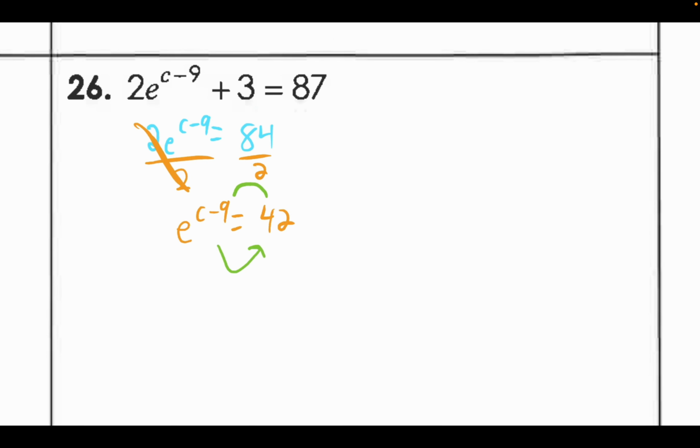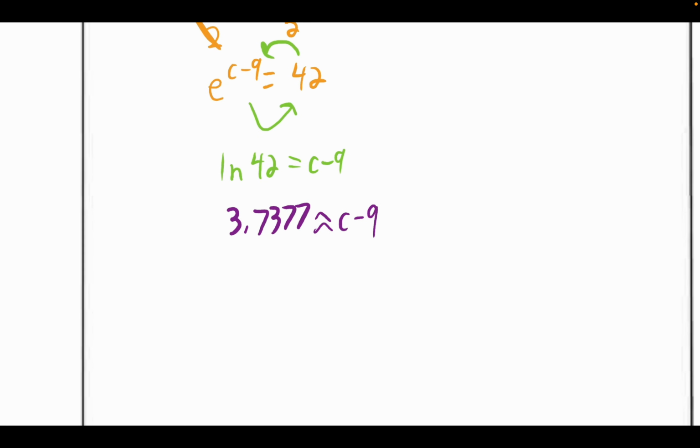Now we convert it to a logarithm, and we get natural log, base e, of 42 equals c minus 9. Natural log of 42, or ln 42, according to our calculator, is approximately 3.7377. And so, if we add 9 to that, we end up getting 12.7377 to be approximately c.